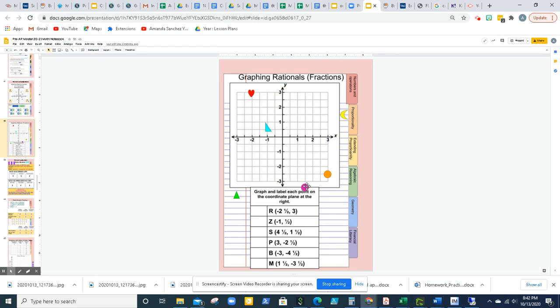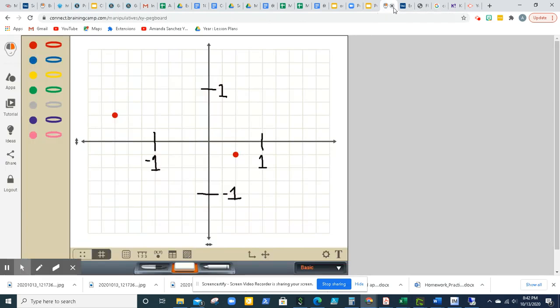Now, the other thing that I wanted to go over is if you have a graph in front of you and you're not sure what the units are, so like this one right here, there's nothing other than the first unit. So if you have something that looks like this, then you need to make sure that you're counting to see how many spaces are between the origin and the first unit.